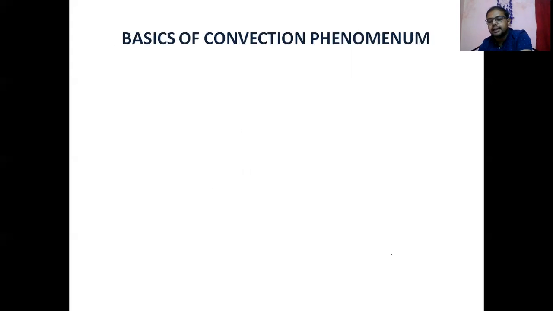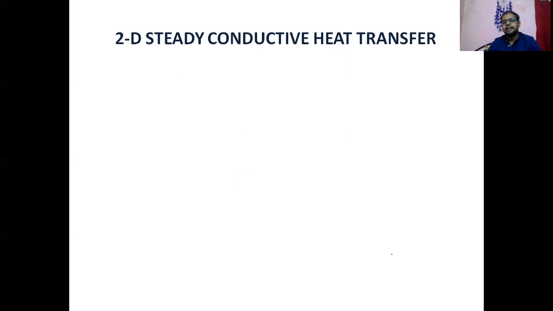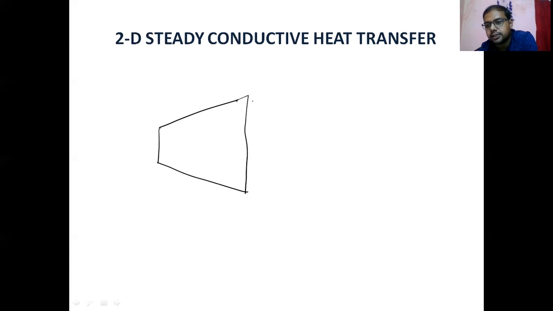Two-dimensional cases also we can tell in such a way. In the two-dimensional case, take one trapezium with a varying cross section. Along the x direction, the cross section is varying.